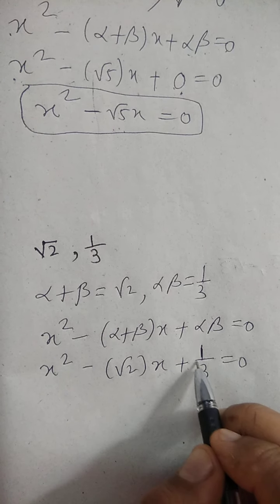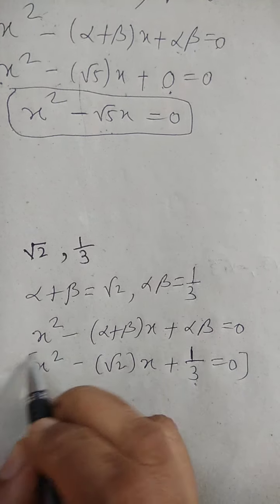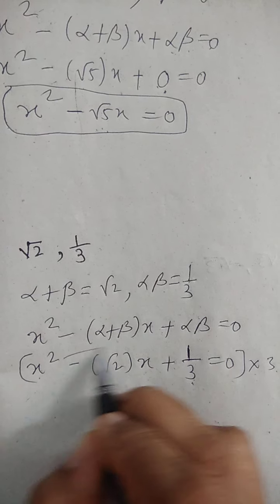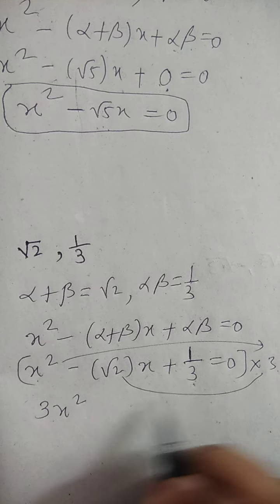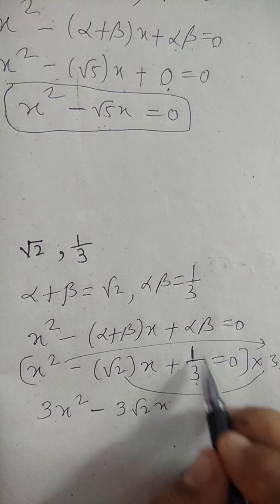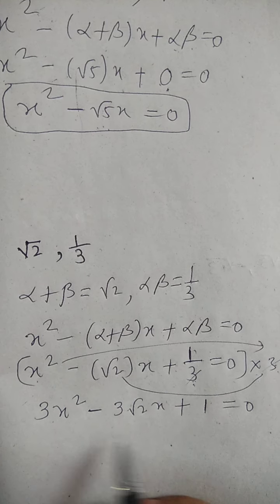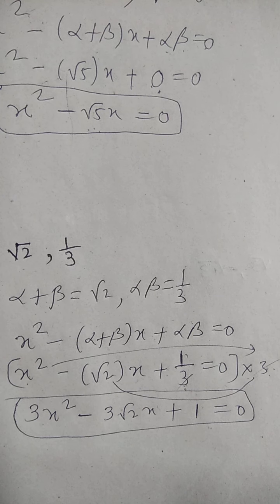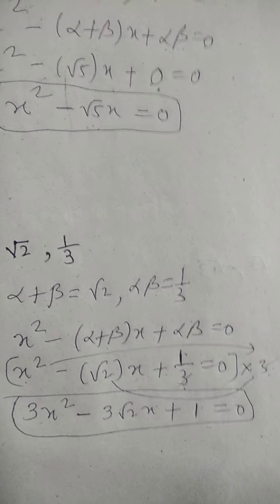Again here it is in fraction. Denominator is there, 3. So what we should do? We should multiply each and every term by 3. So we get here 3 into x square, 3x square. Root 2 into 3, 3 root 2 x. And here 1 by 3 into 3 will get cancelled, get 1 equal to 0. So this is the quadratic equation when sum of root is given as root 2 and product of roots is given as 1 by 3.